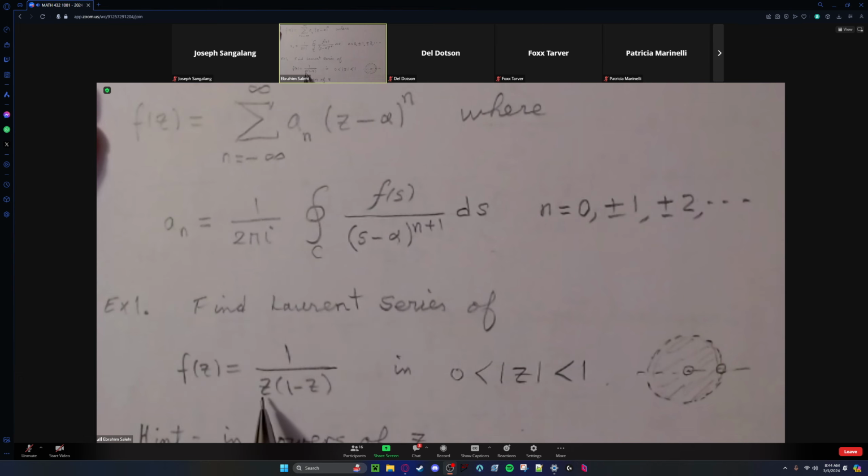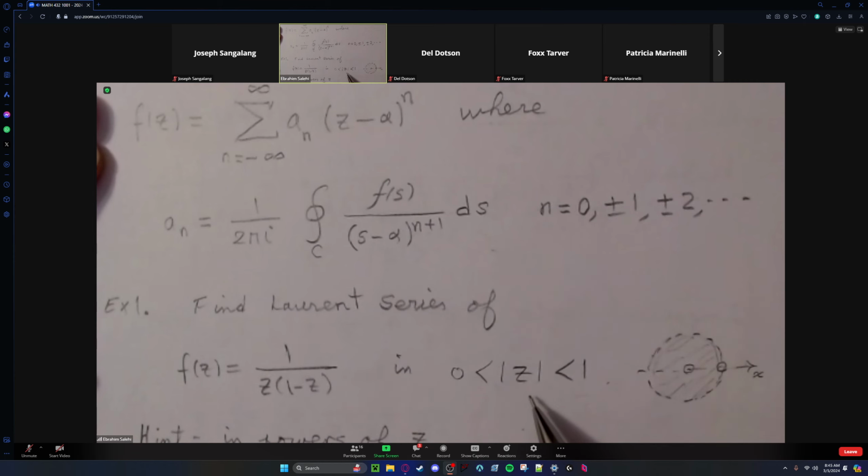In the denominator, zeros of the denominator are bad points or singularities. z equal 0 is one, and z equal 1 is another one. Here is one of them, 0. Here is 1.